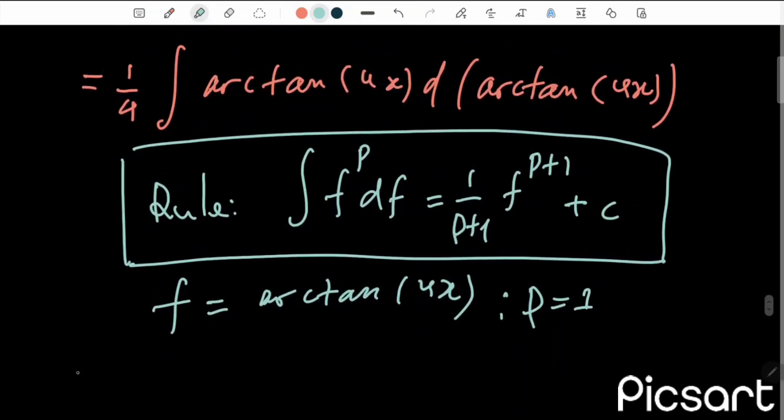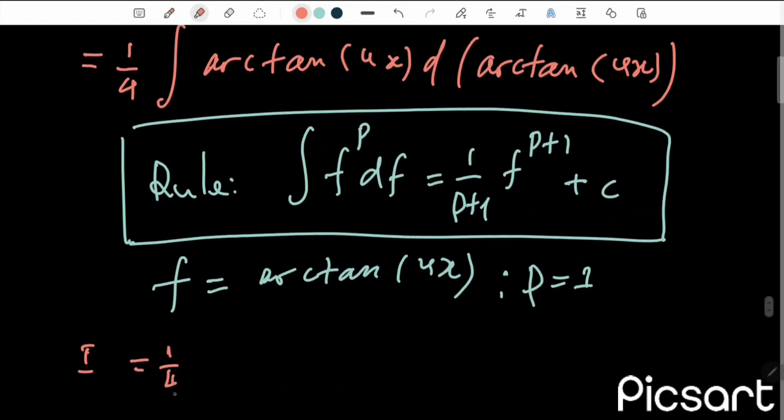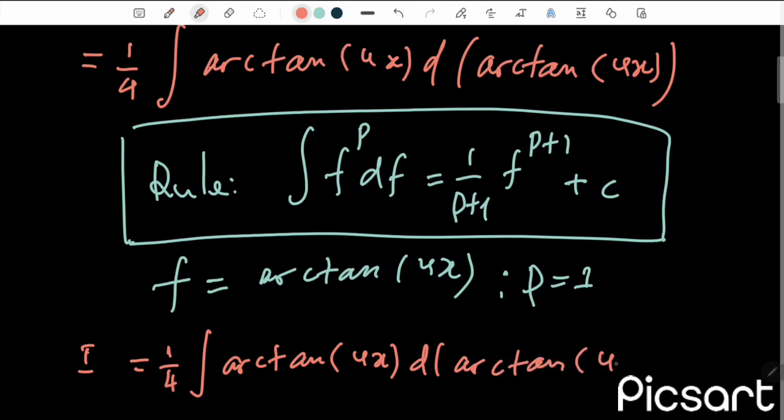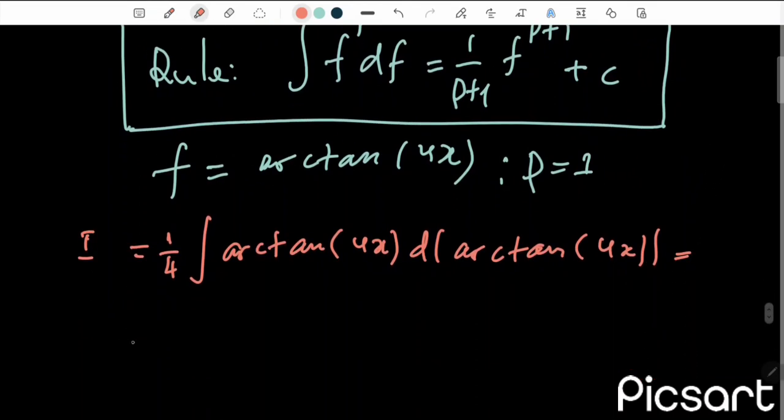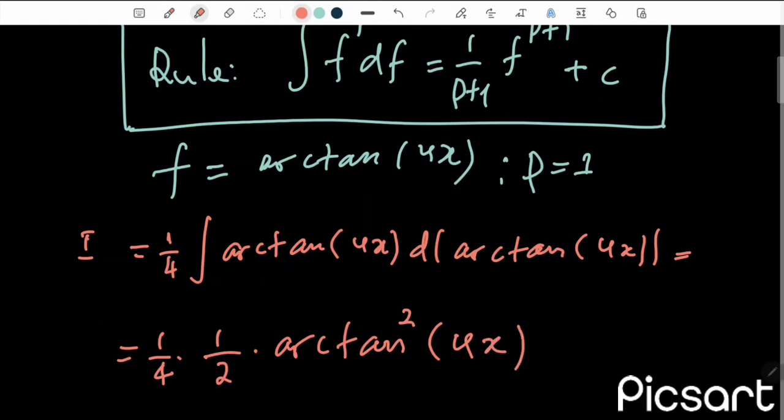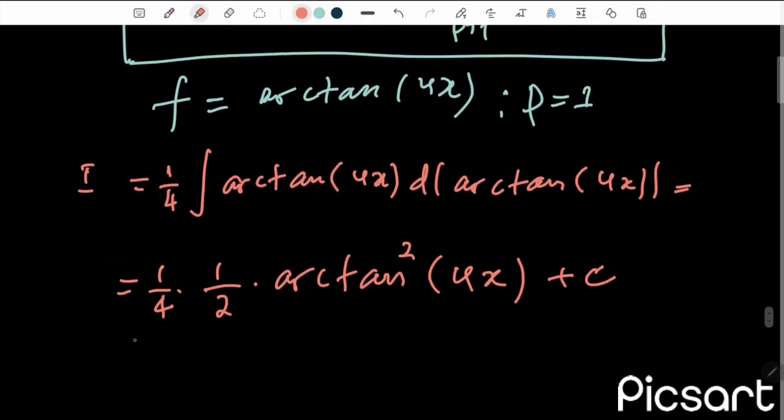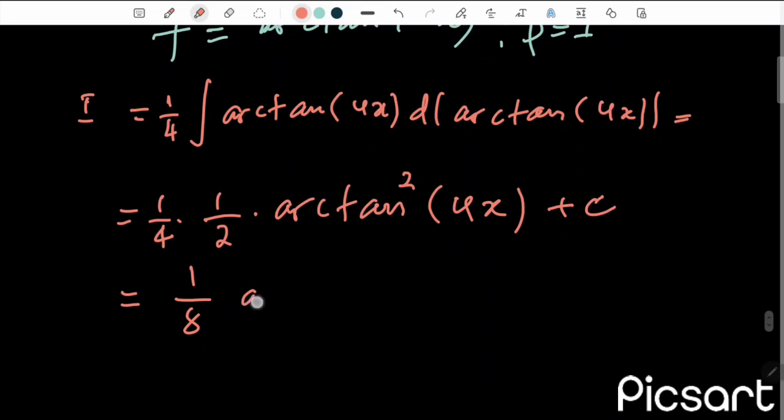Now we see that our I will be equal to 1 over 4 integral of arctan of 4x d of arctan of 4x, which is equal to 1 over 4 times 1 over 2 times arctan squared of 4x plus c, and this is 1 over 8 arctan squared of 4x plus c.